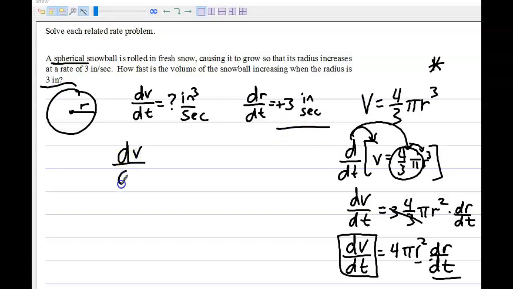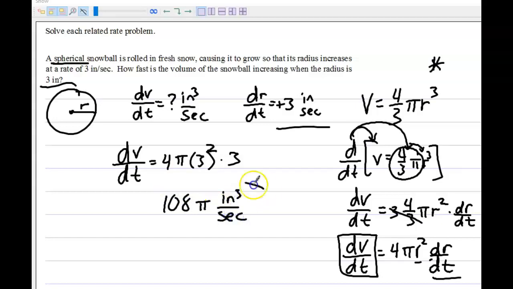So if I plug those in, this is going to end up being 27 times 4. What's that going to be? 108, I believe. 108 pi cubic inches per second. Final answer. Moving on.